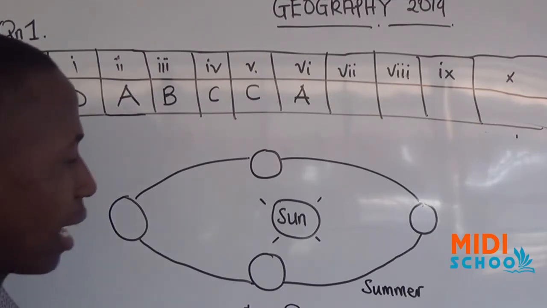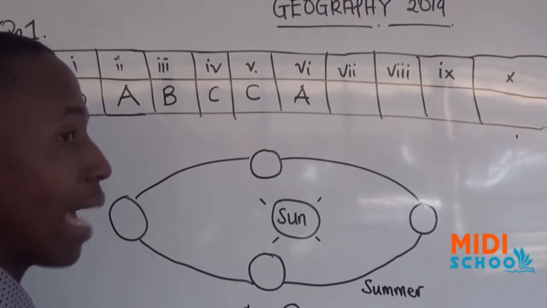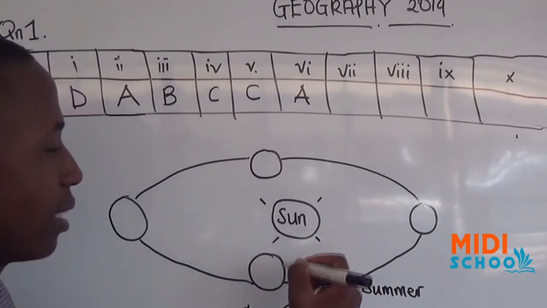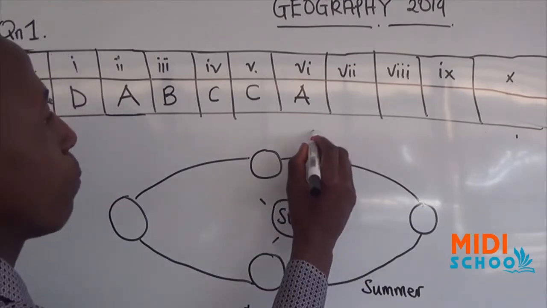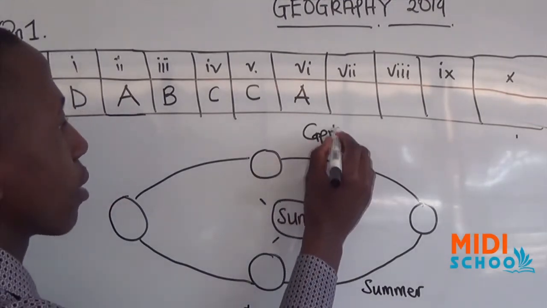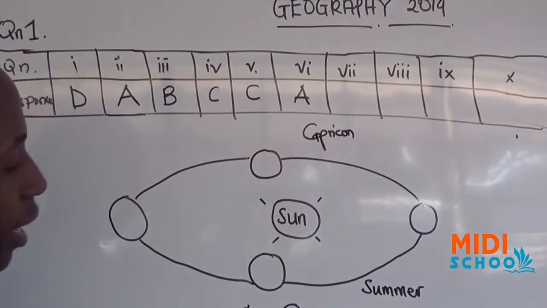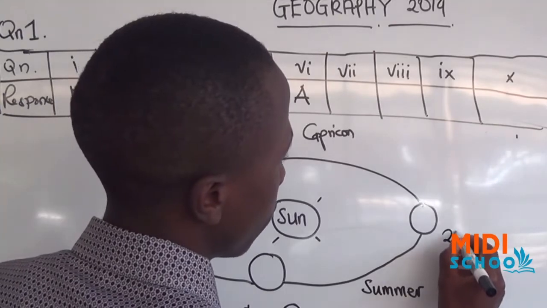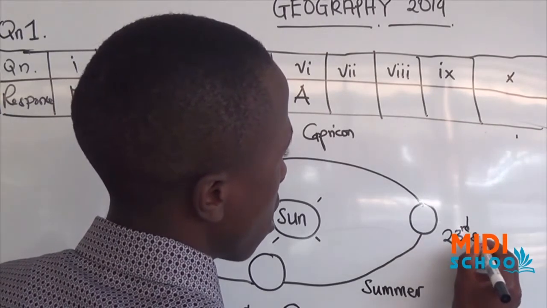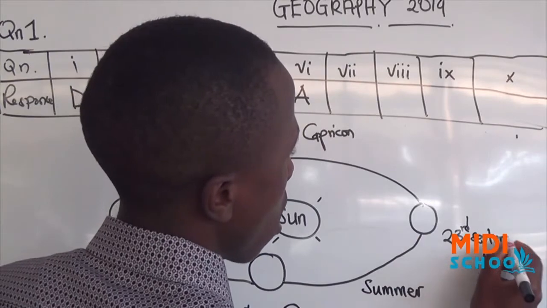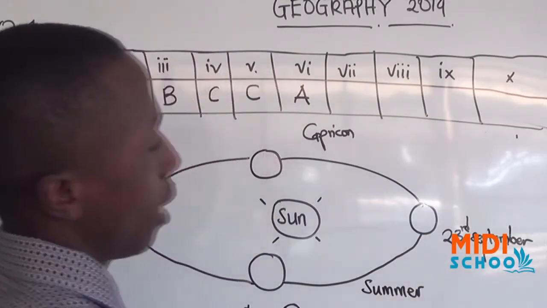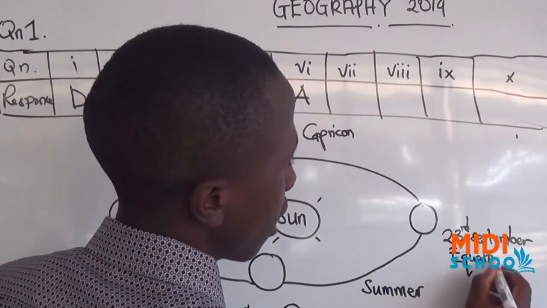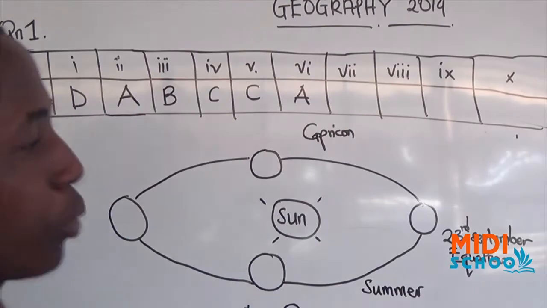As I've said earlier, revolution takes place in an anti-clockwise way as the earth revolves around the sun, from the Tropic of Cancer to the Tropic of Capricorn. From June up to the 23rd of September, it will be at the equator, and we'll obtain equinox here.